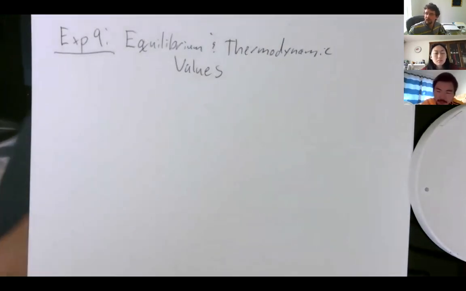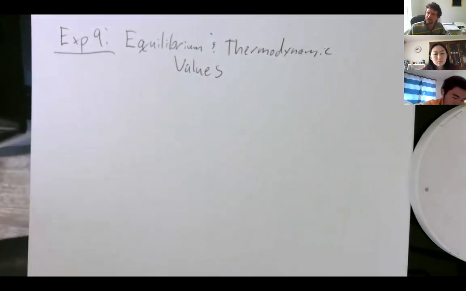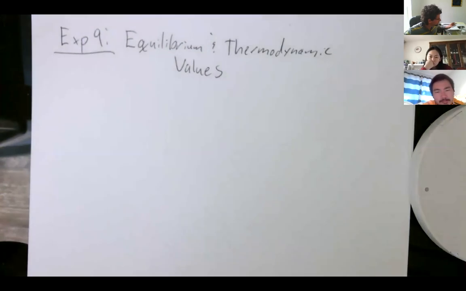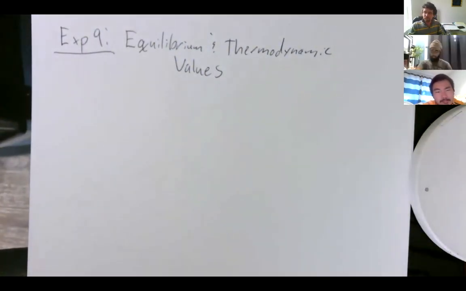So this is a bit different from kinetics. How do kinetics and thermodynamics differ? Does anybody have an idea? Or what are things you're keeping track of in kinetics? What's a big one? Delta H. Delta H does impact kinetics. It's mainly considered a thermodynamic parameter. But in kinetics, what are you keeping track of?